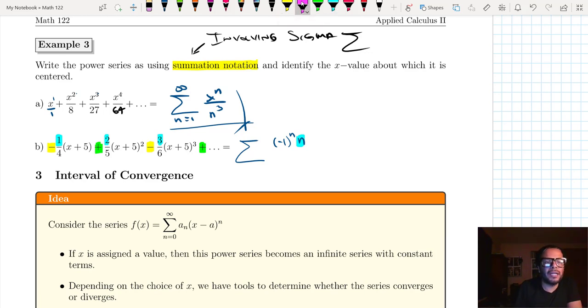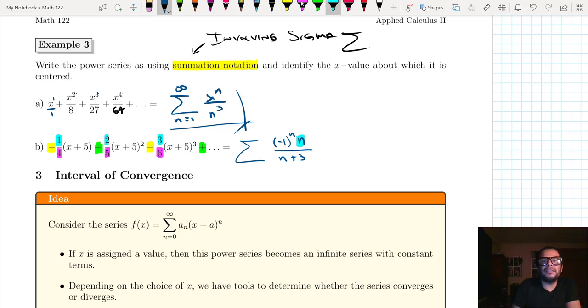And let me highlight this, 4, 5, 6. How much bigger is the number 4 from 1? How much bigger is the number 5 from 2? How much bigger is the number 6 from 3? Do you see the difference between them? Yes, that is n plus 3.